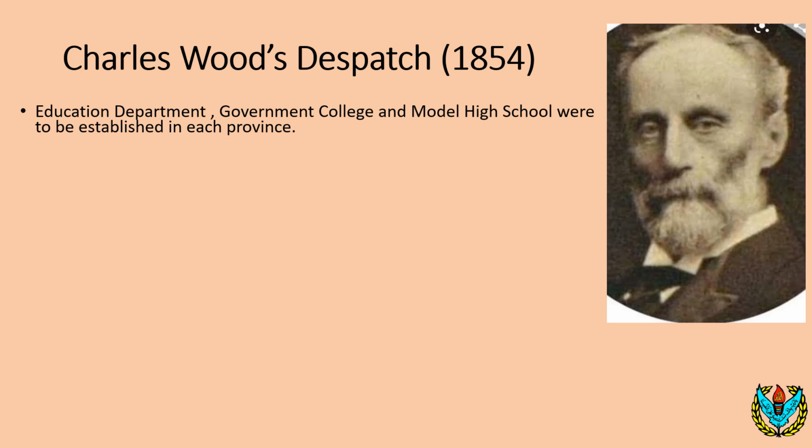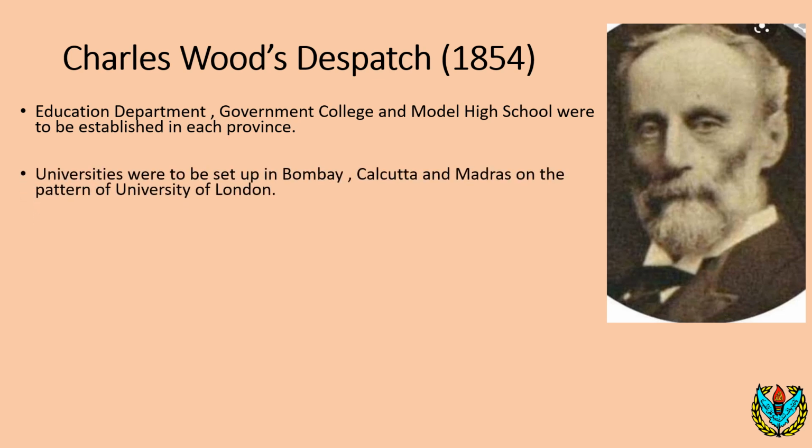Number 2, he suggested setting up universities in the cities of Bombay, Calcutta, and Madras on the pattern of the University of London. He was a little bit lenient. He gave the idea that primary education would be imparted in local languages.